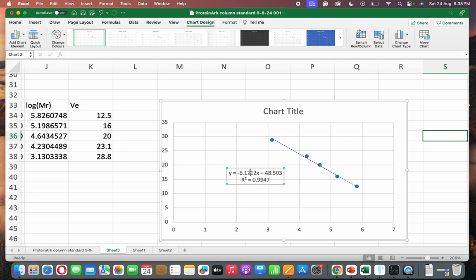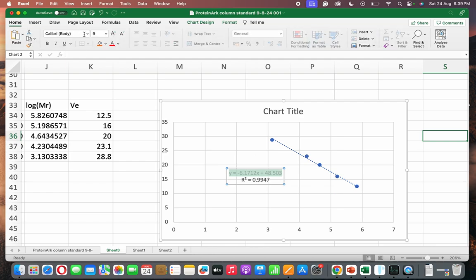And this is an equation that I can use to find the molecular weight of any unknown protein that I will run in this column now.